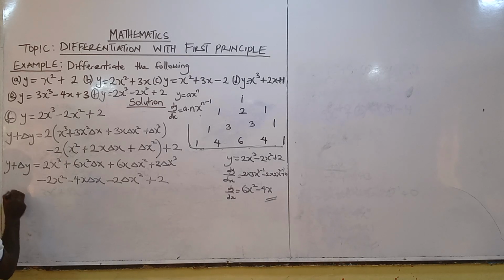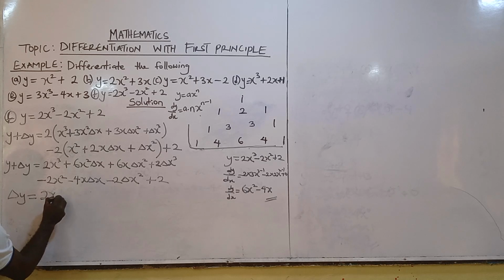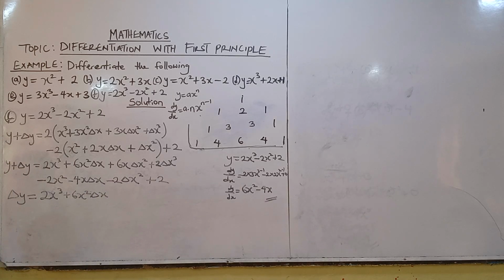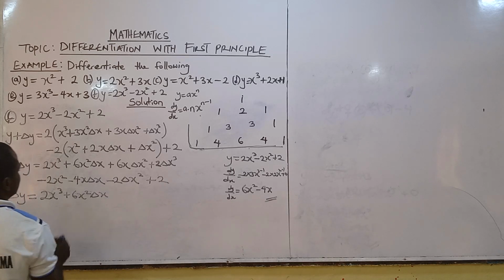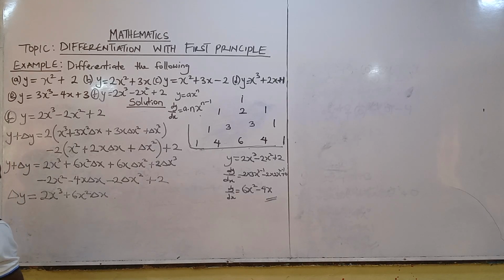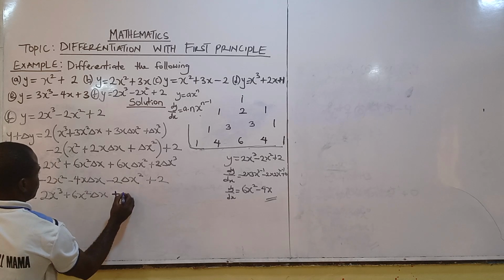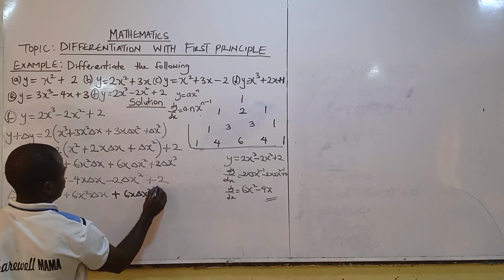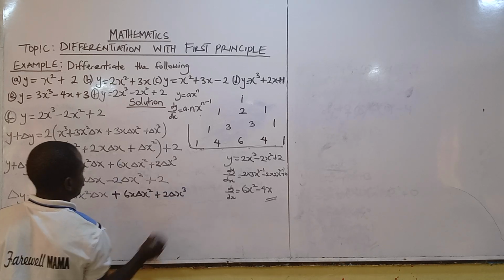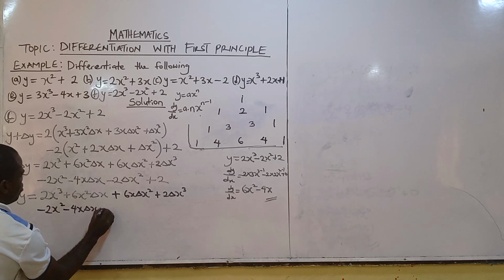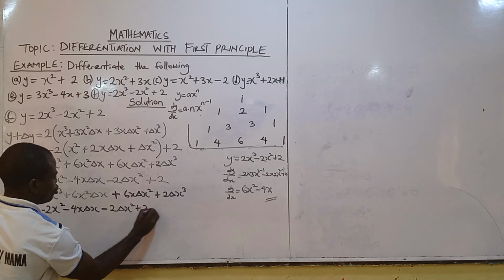Okay, let's take y to the other side. dy equals 2x cubed plus 6x squared dx plus 6x dx squared plus 2 dx cubed minus 2x squared minus 4x dx minus 2 dx squared plus 2 minus y.